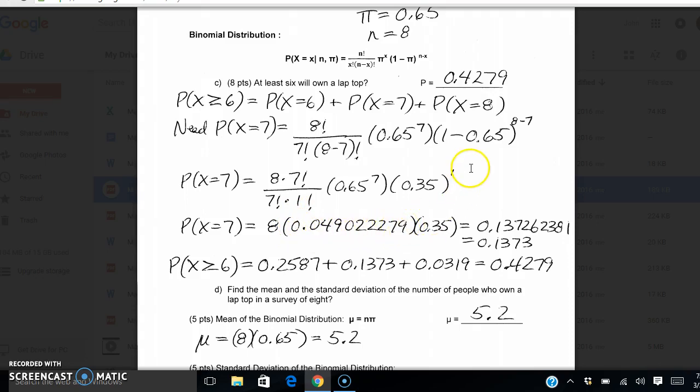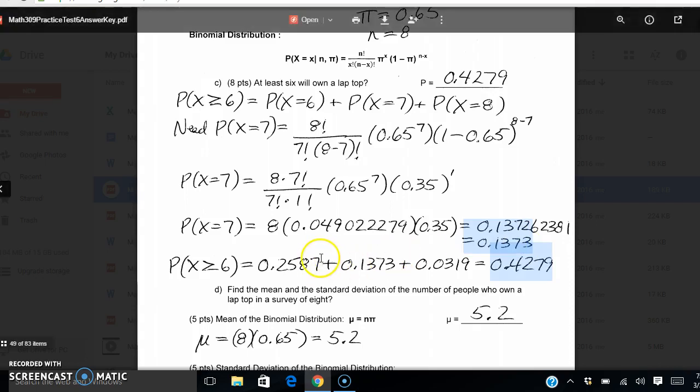The third part of the formula is the 1 minus the pi, which is 1 minus 0.65, and the exponent is n minus x, which is 8 minus 7 gives us 1. So we have 0.35 to the exponent 1, which is just 0.35 here. And so now we are all set to multiply these 3 together, and here is the probability that our calculator gives us, and we round that off at the 4th decimal place.